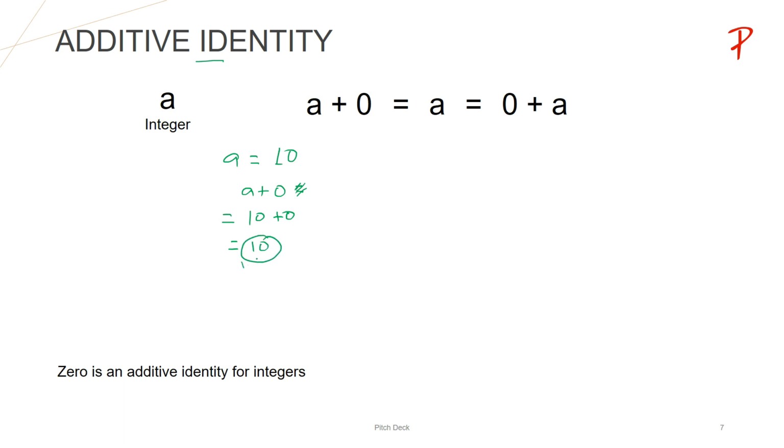So when we are adding 0 and an integer, 0 plus 10, its value still remains the same, that is 10 only. So whenever 0 is added to any integer, its value does not change, or we get the same value. So we can say that 0 is an additive identity for integers.